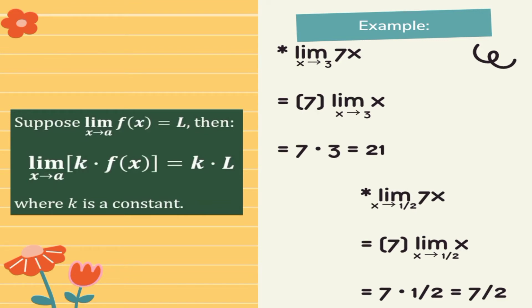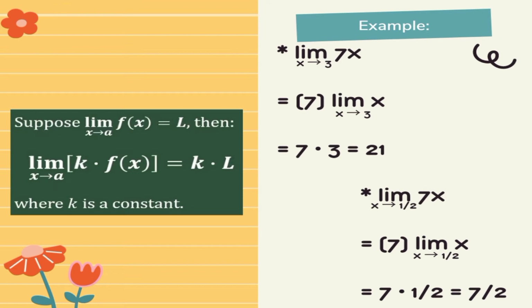Now for our example number 2, we have the limit of 7x as x approaches 1/2. So we are just going to copy the constant 7, then we are going to write what is left, the limit of x as x approaches 1/2.